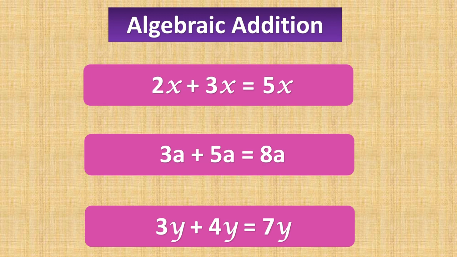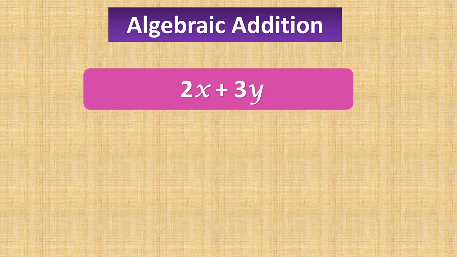Now what about this? 2x plus 3y. We have two terms, and both of these terms have different variables. The first term has x as a variable. The second term has y as a variable. Can these two terms be combined? No, these two terms cannot be combined. In order for the two terms to be added together, the variable needs to be the same. But in this case, we have two different variables.